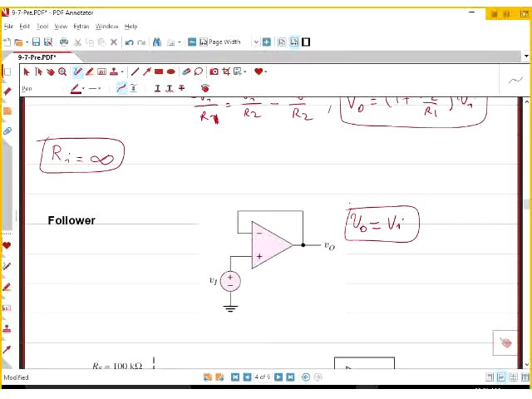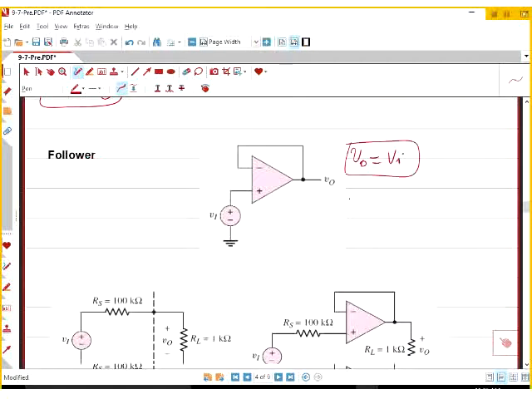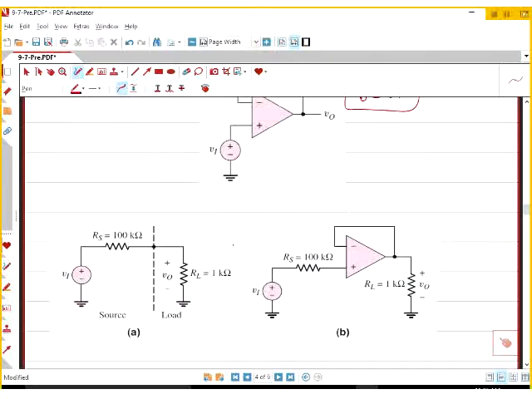Now, let me just give you one example of how that might change. Let's say you have a voltage source, and you have an RS internal resistance of that source of 100K. Your load is 1K, right? Do you know what that VI, the voltage to get to the load, is?